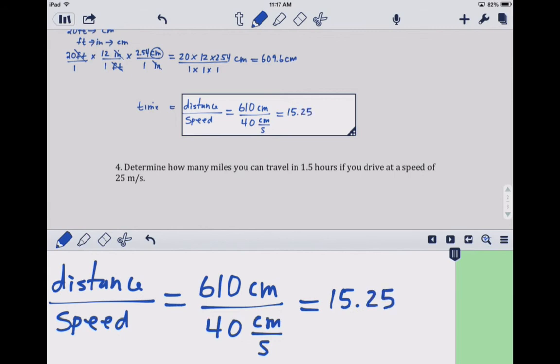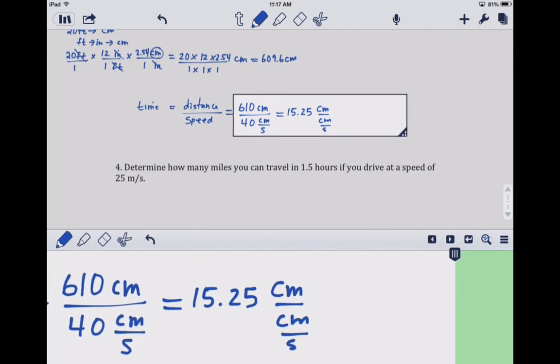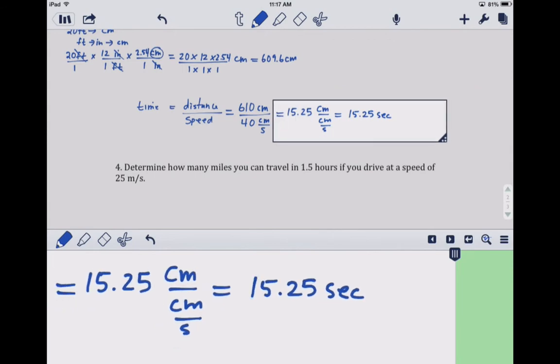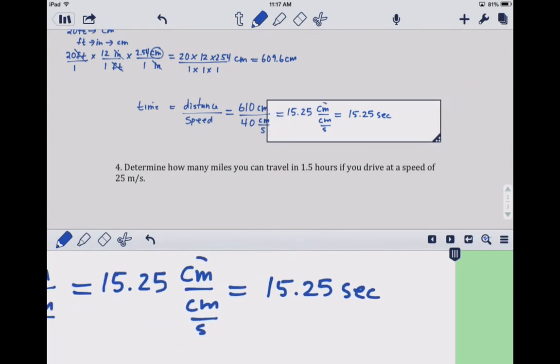Now the units are kind of funny here. It's centimeters over centimeters per second. That unit reduces to seconds. I'll show you how I do that.